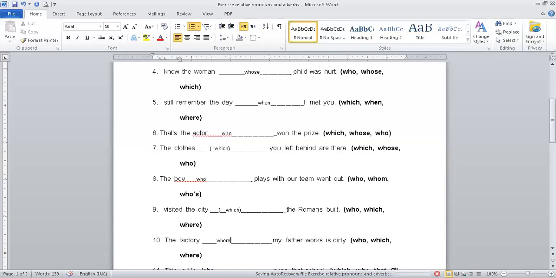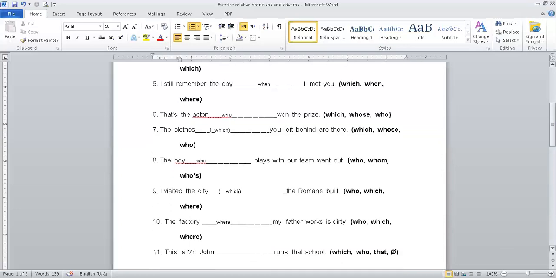Again, as if you are saying the factory my father works in. So it's a place, and to define a place we use where. Why didn't we choose which? Because which needs a preposition, and in this sentence we don't have a preposition. So we chose where.